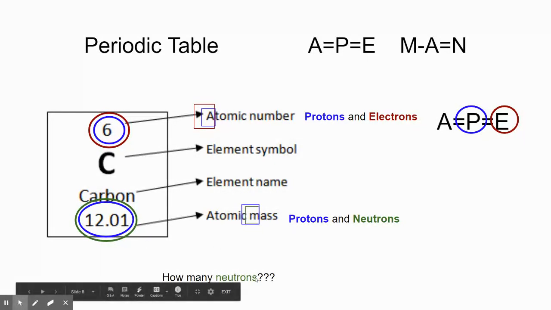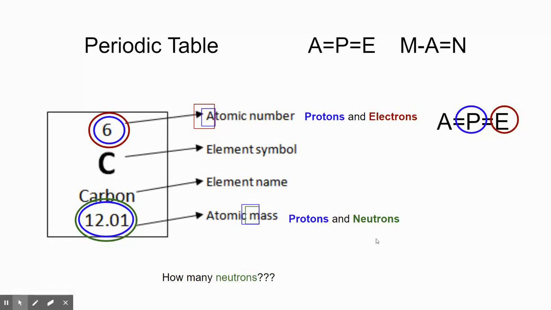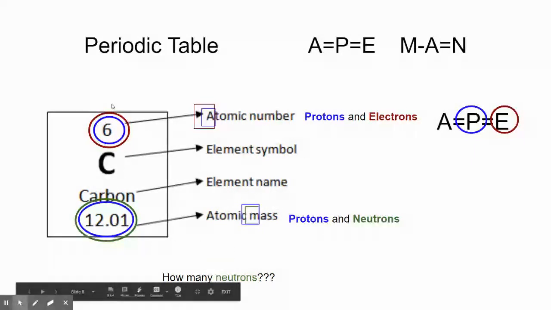It doesn't tell us the number of neutrons, though. This is an average number, because there are some atoms that have different numbers of neutrons, but we're talking about a stable atom, like a stable carbon atom. Nothing here tells us how many neutrons we have.